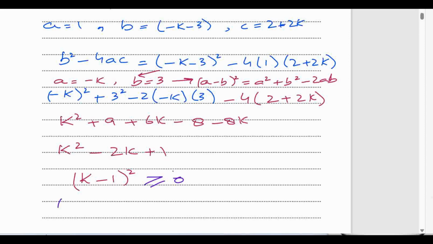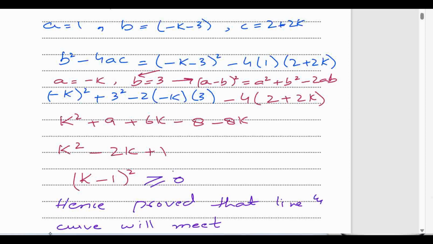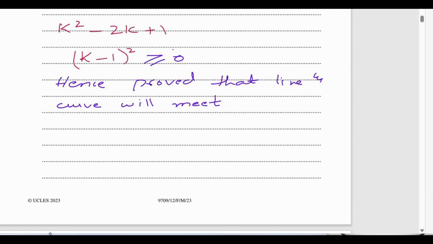So we can say, hence proved, that the line and curve will meet for all the values of k.